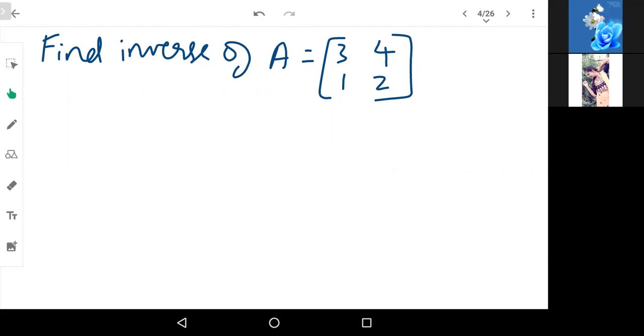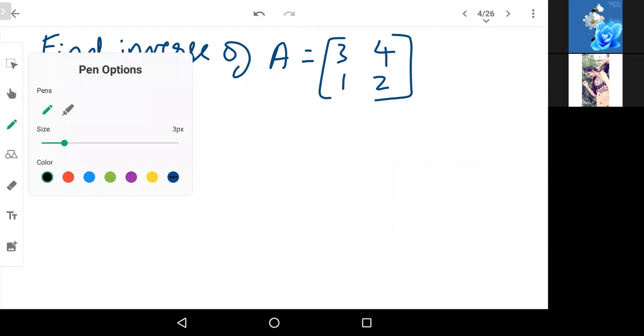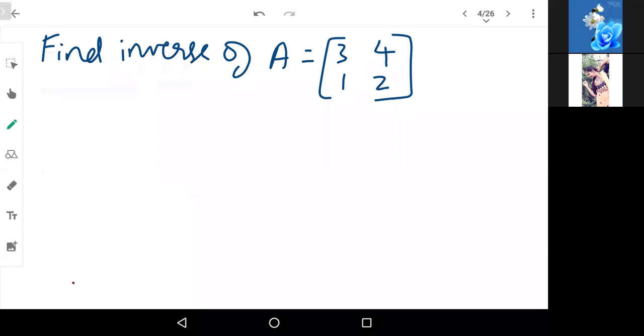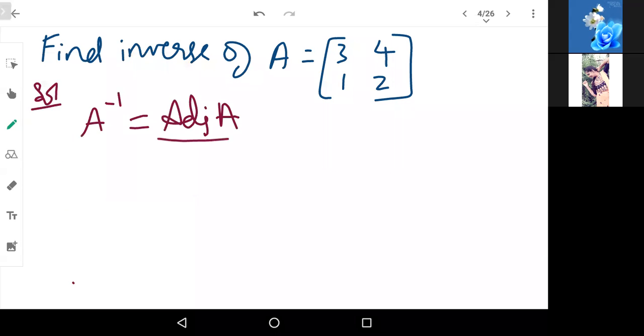So firstly, we will write down the formula. A inverse is adjoint A divided by determinant of A. We are asked to find the A inverse of this matrix, which is a 2 into 2 matrix.